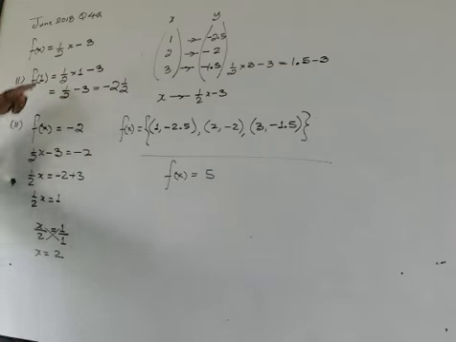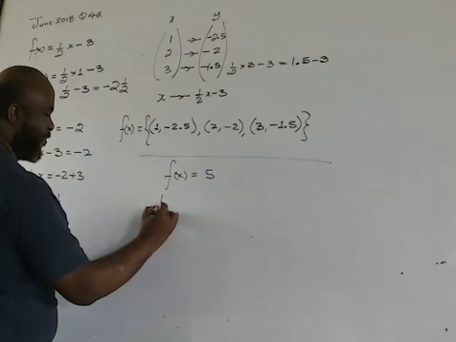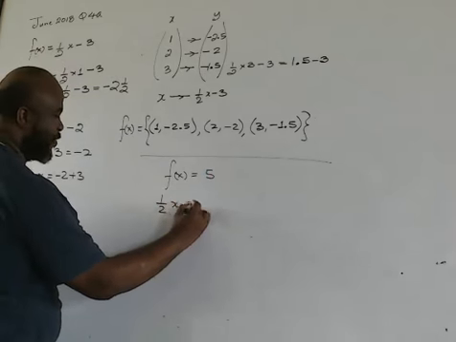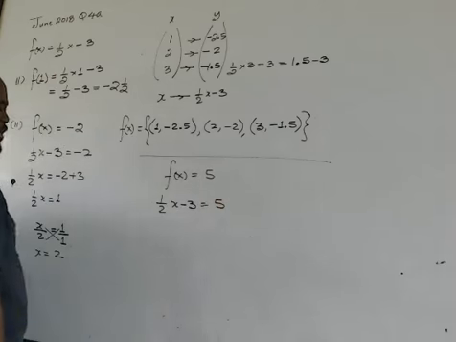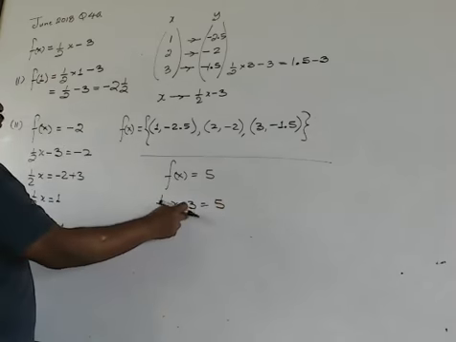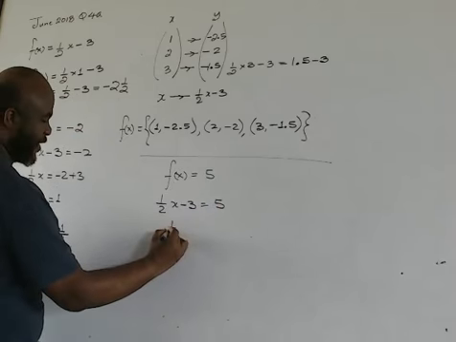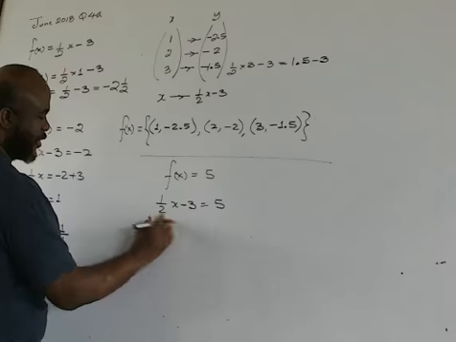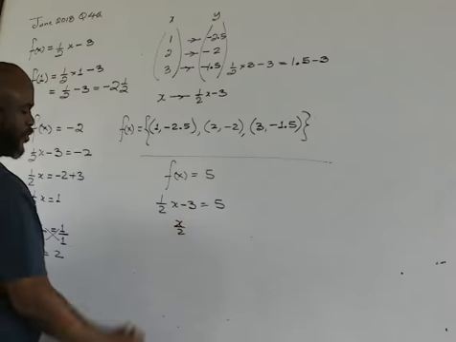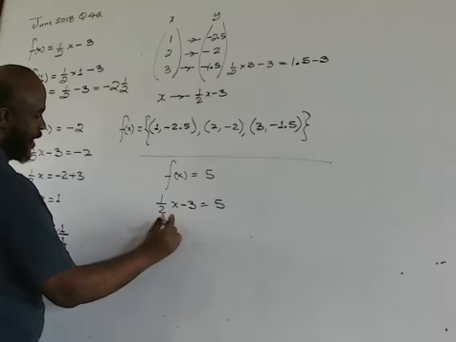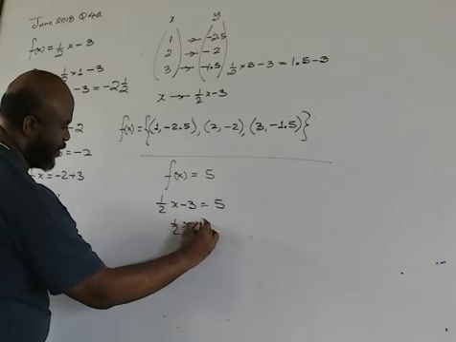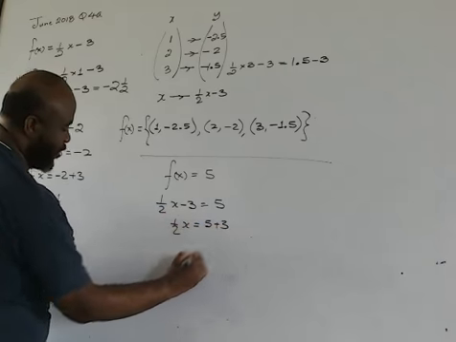But what is f of x? A half x minus 3, so this is a half x minus 3 is equal to 5. Negative 3 goes over and becomes positive. So a half x, or another way of saying it, x over 2, is equal to 5 plus 3.